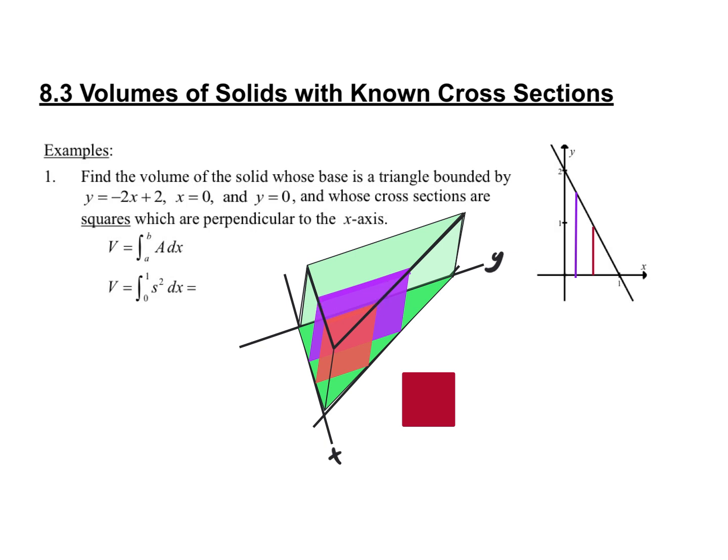There's another square on the inside, and I would have a bunch of them. Now, I am not suggesting that you have to create more than one square. If one square is enough for you to figure out what your formula is going to be that goes into your integral, that's totally fine, okay? I thought for this first one I'd draw a little bit more because, again, the better you can see it, the easier these problems get.